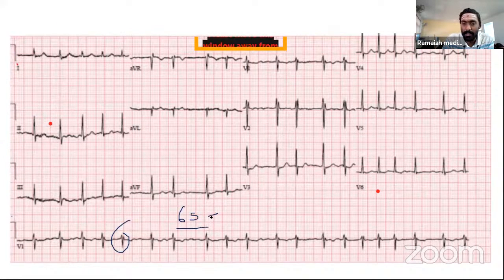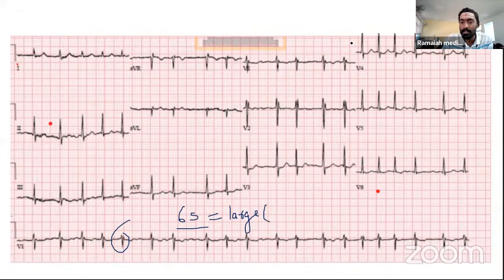6 seconds means how many large boxes you will get? Can someone tell? One large box is 0.2 seconds. So 30 large boxes, correct. So you will count 30 large boxes.